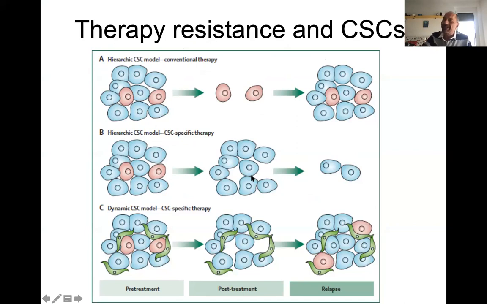Of course, the situation is more complicated because there are not only cancer stem cells and cancer cells. We have seen there are many other factors, like fibroblasts, for example, here. So there can be situations where you kill the cancer stem cells, but then you have a relapse because some cancer cell reverts into a cancer stem cell. And this can be due to the microenvironment.